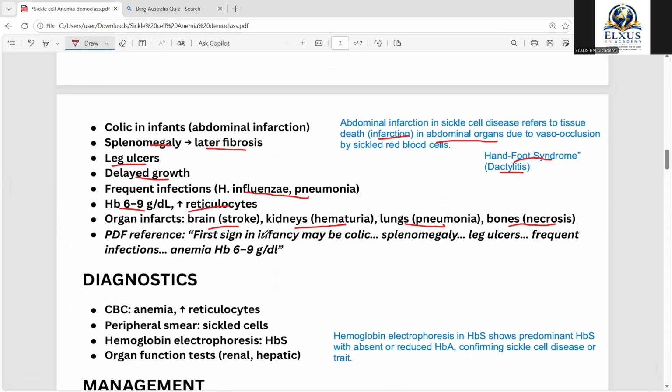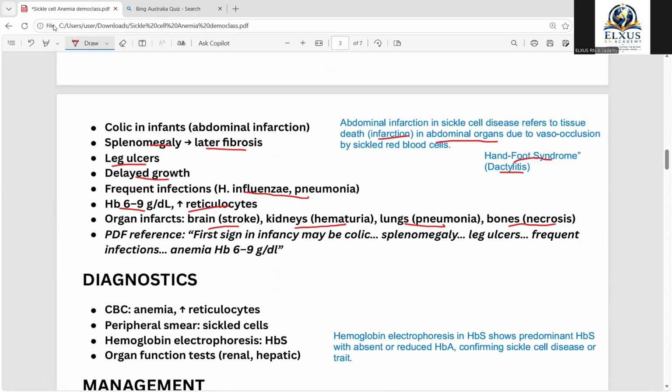So in an infant, the early signs: because it is a genetic disorder, the child will mostly be born with sickle cell anemia, so we can detect this in the early stage of the infancy period. Mostly colic, that means abdominal infarction can occur, splenomegaly, leg ulcer, frequent infections, and anemia. Mostly the Hb level is 6 to 9 grams per deciliter.